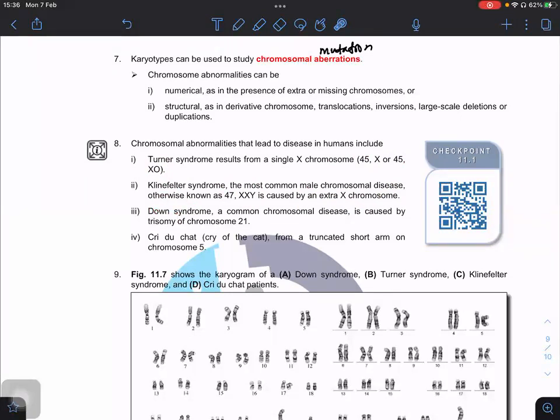We have Down syndrome, where we have trisomy of chromosome 21, and we have cri du chat, in French, I don't know how to pronounce this, but basically it's the cry of the cat, where the truncated short arm on chromosome 5 causes the voice box of the individual to change. So when this person cries, it sounds like a cat crying. Okay, because of the mutation.